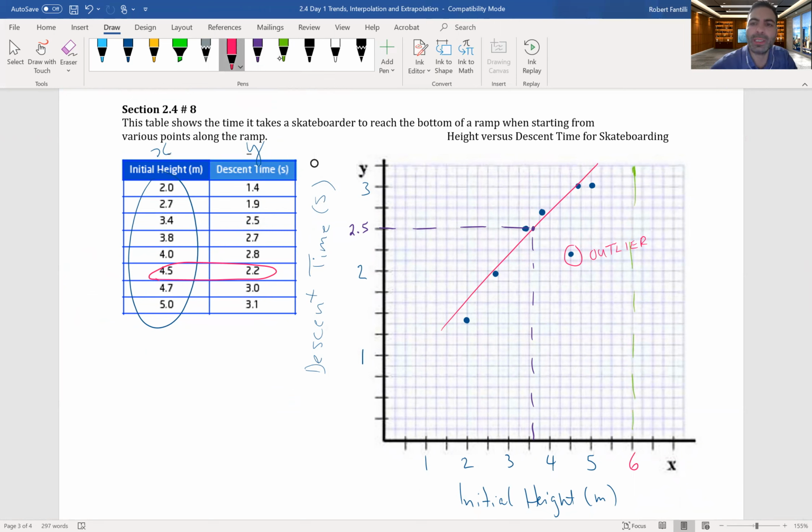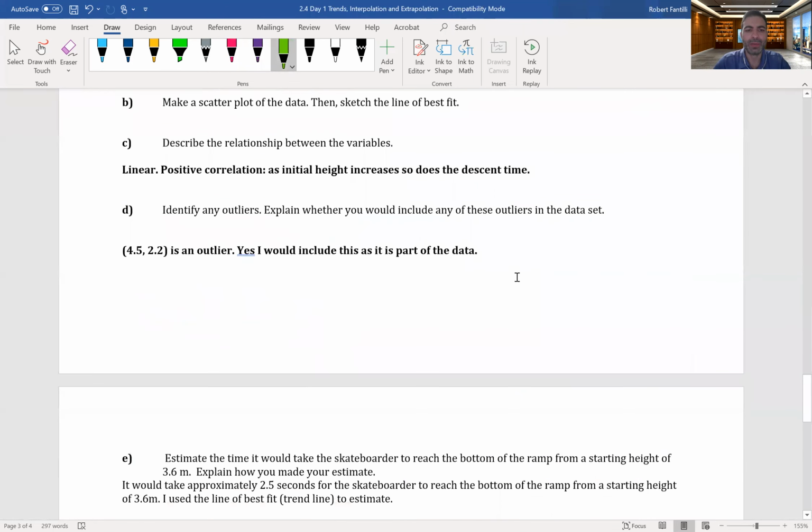My trend line looks like it's going to be up there. If I continued that, we have 3, 3.25, maybe around 3.5. I would say it would be about 3.5 seconds.